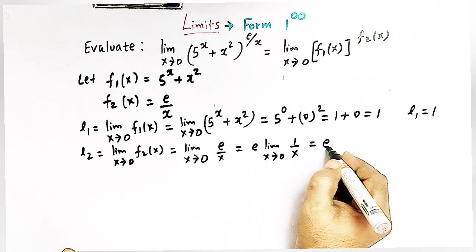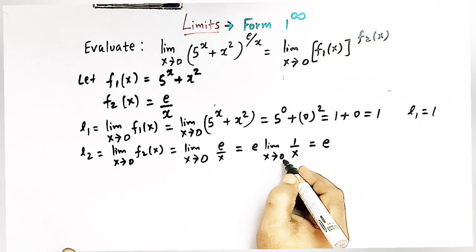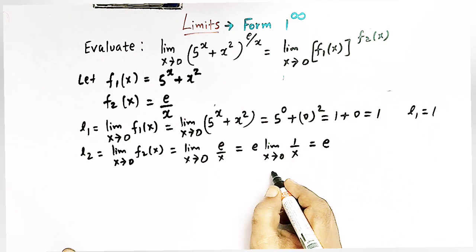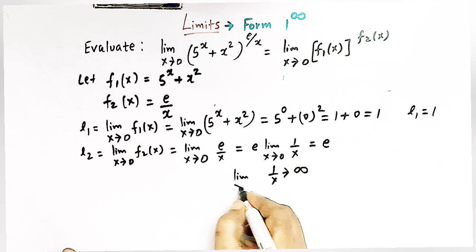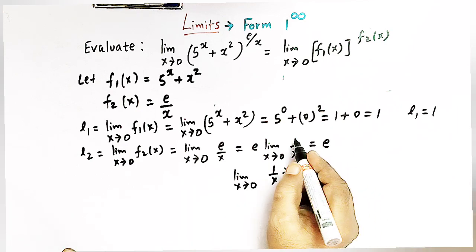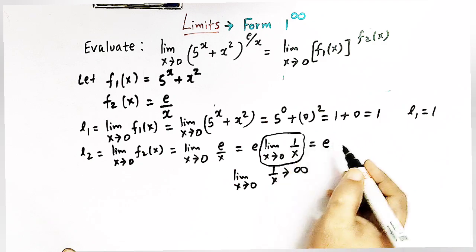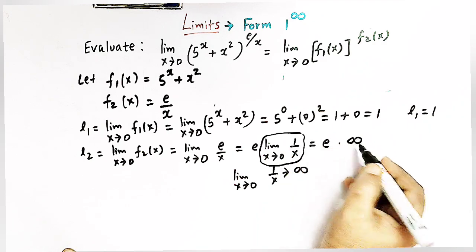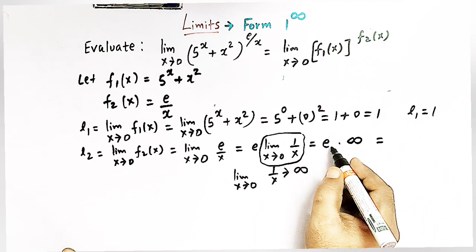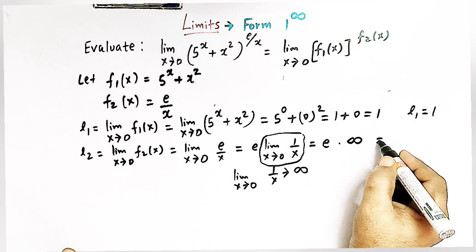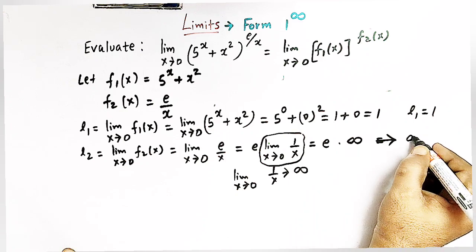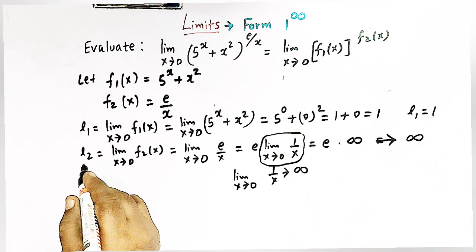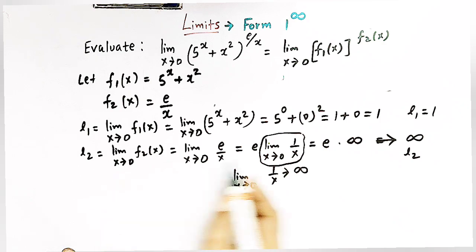Now when x tends to 0, 1 over x tends to infinity, and when we multiply infinity with e, this expression also tends to infinity. So L2 tends to infinity.